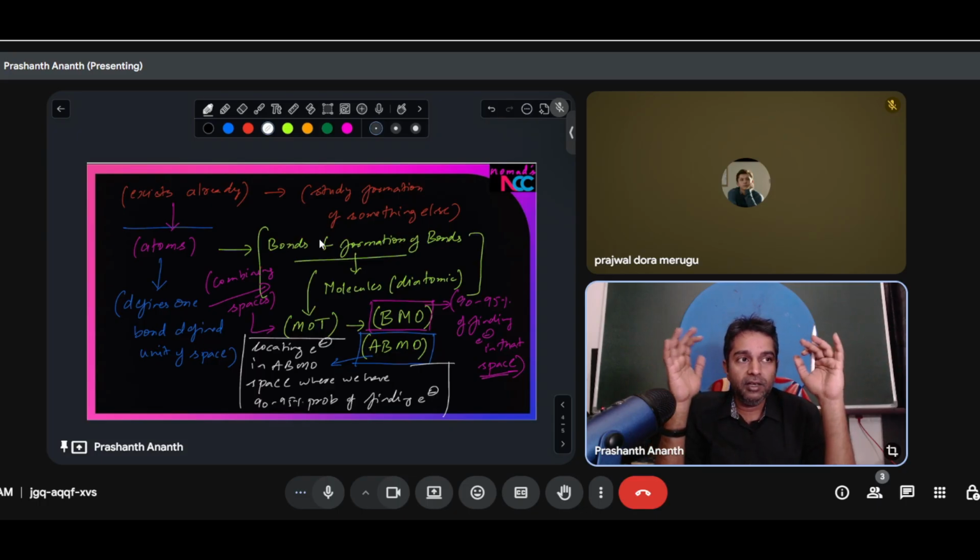In a sense, the bonding molecular orbital conceptualizes that the space between the atoms should have a very high chance of finding the electron which is going to be bonded. And the non-bonded electron, if it is not going to be involved in bonding, should not be in the space between the atoms.